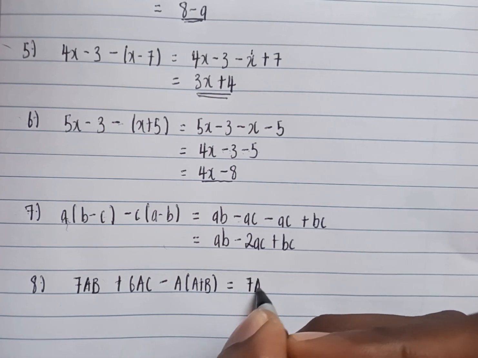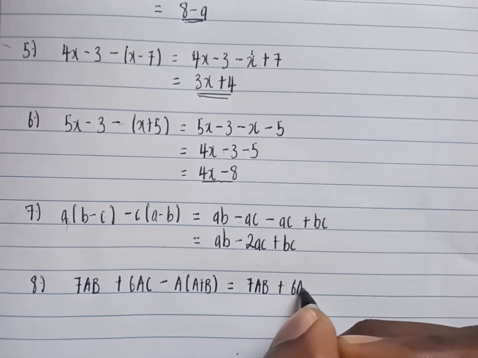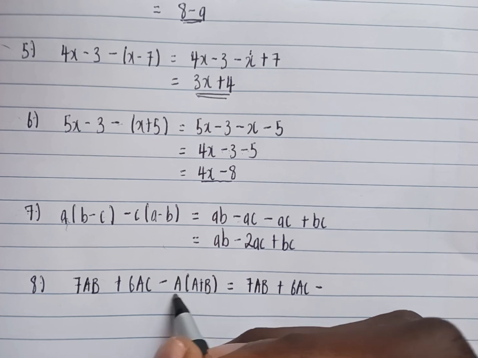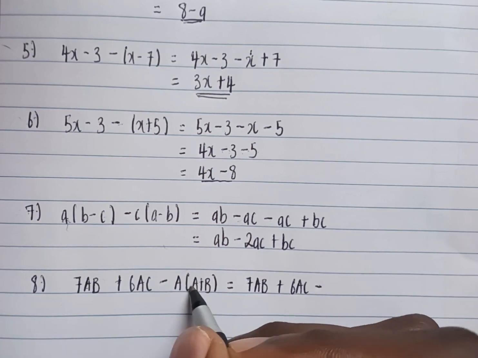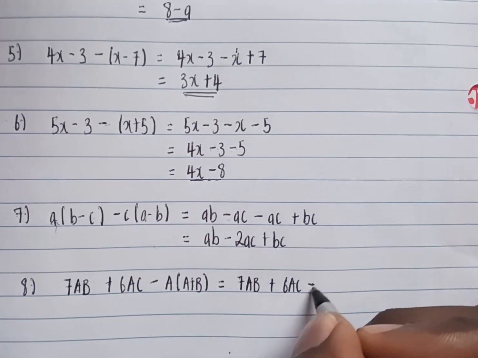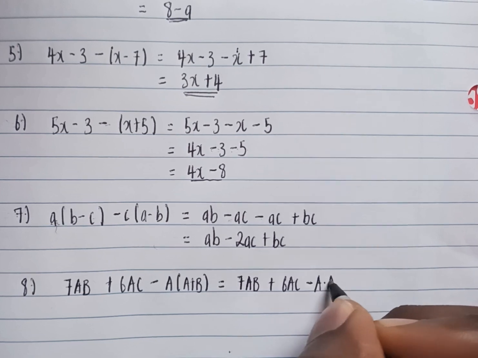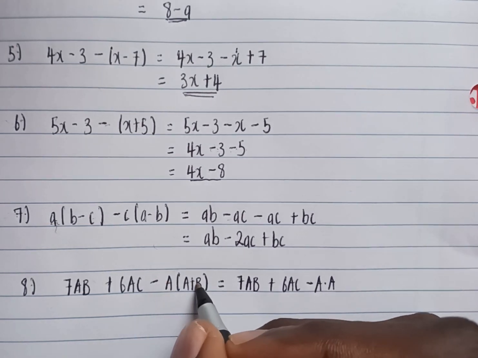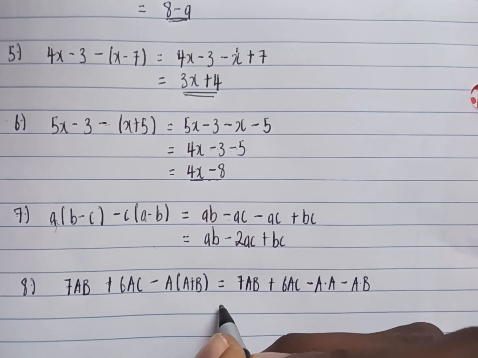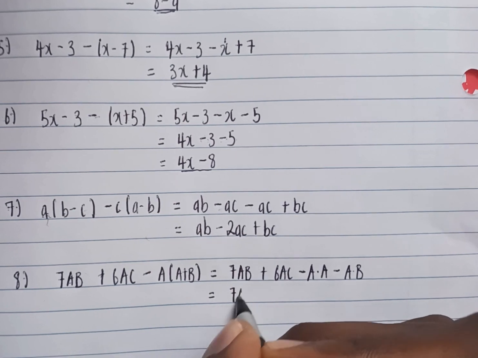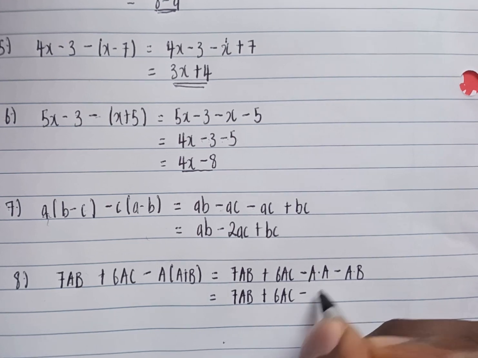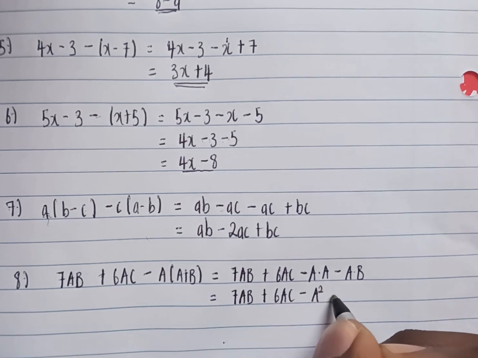So I have 7AB plus 6AC minus another quantity times a bracket. So I multiply this A by each of the quantities of the bracket. So I have minus A times A, and minus A times B. So this one will result in 7AB plus 6AC minus A squared, minus AB.